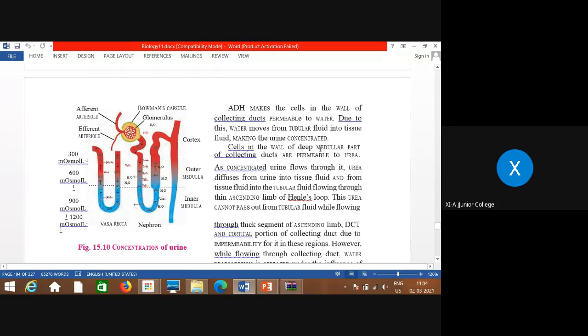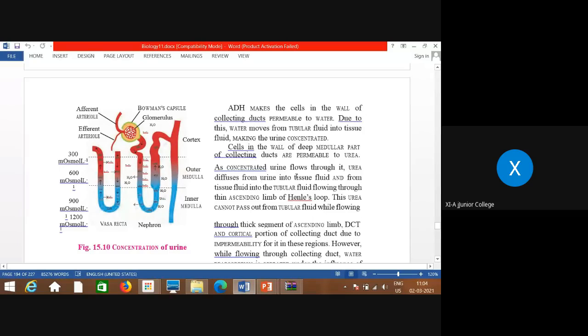Cells in the wall of the deep medullary part of the collecting ducts are permeable to urea. So this area which is present in the medullary region here is permeable to water, permeable to urea also.